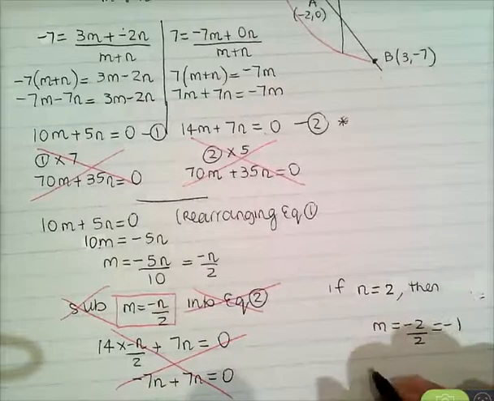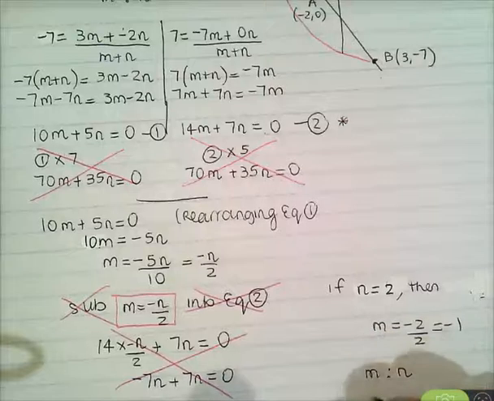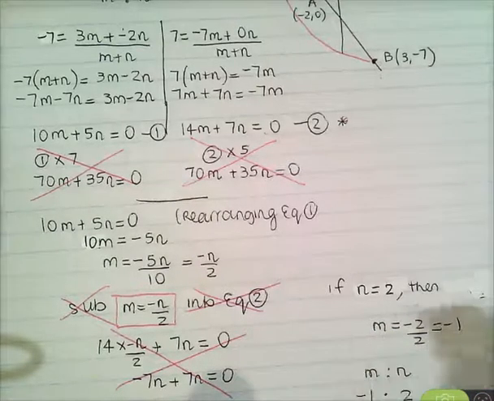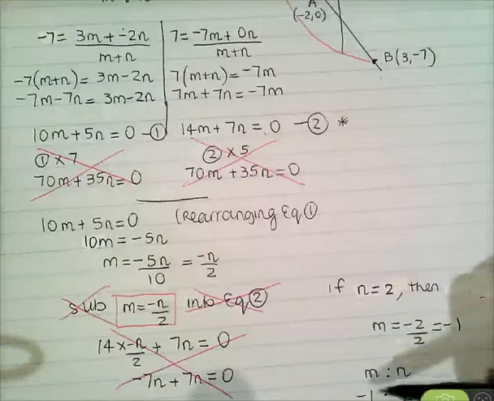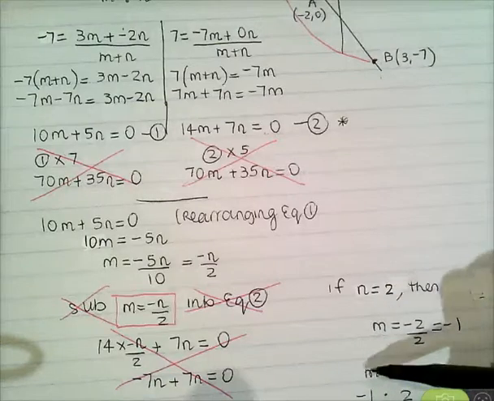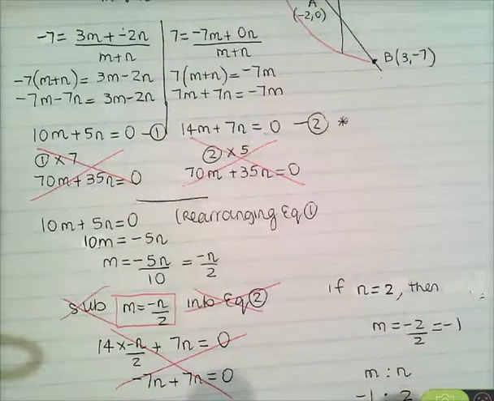So therefore, we want the simplest ratio of m to n. And I've just got that m is negative 1 and n is 2. Let's say I decided to choose n is 4, then m would have been negative 2. Remember, it's the ratio of m to n. So if I had got negative 2 and 4, I could have then simplified that ratio to negative 1 and 2. So therefore, our answer is negative 1 to 2.